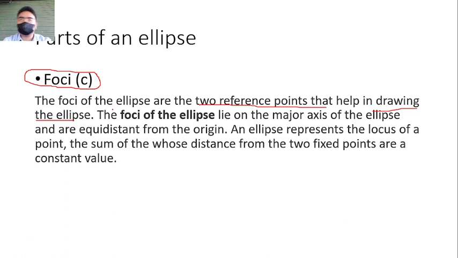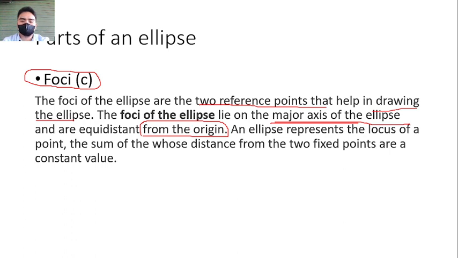Please take note as well that the foci lie on the major axis of the ellipse. Later on, we're going to talk about what the major axis is. And please take note that the two reference points are equidistant from the origin, or the center of the ellipse.